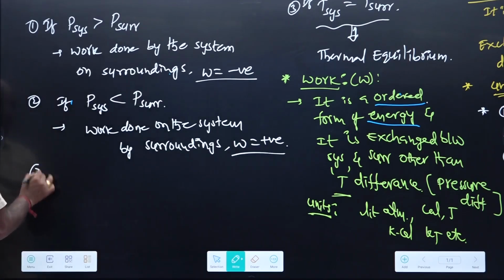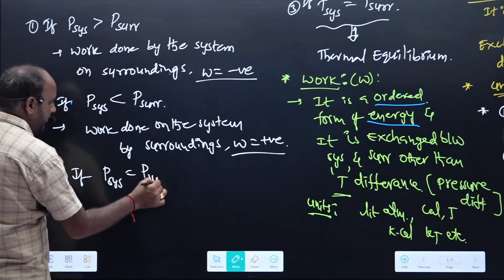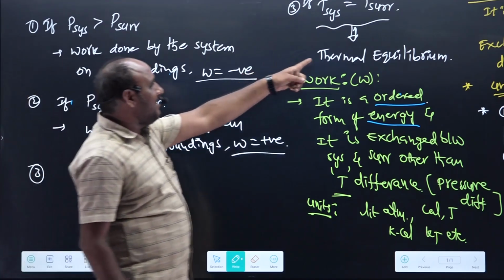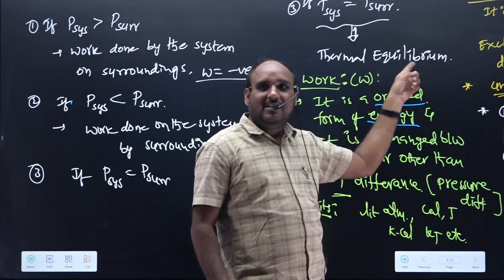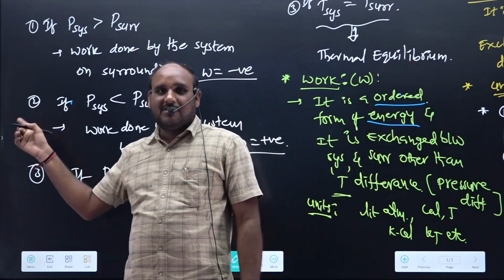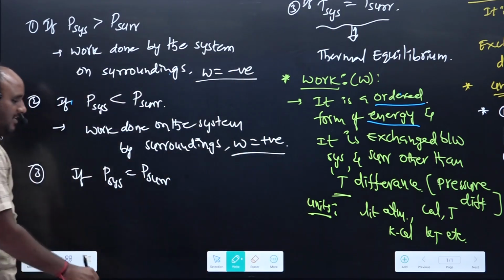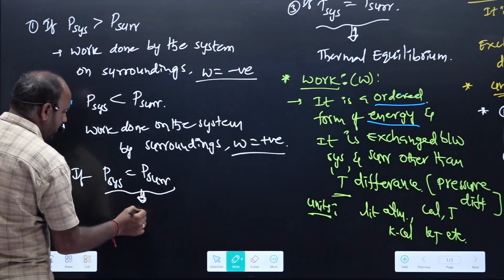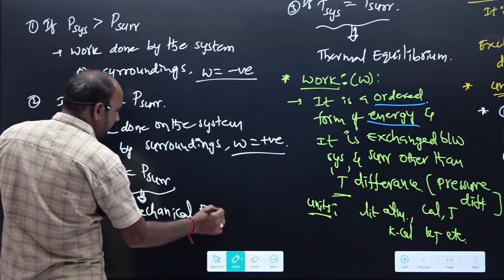So what about the third condition? If the pressure of the system is equal to the pressure of the surroundings. When the temperatures are the same, the process is in thermal equilibrium. If the pressures are the same, the system and surroundings are in mechanical equilibrium.